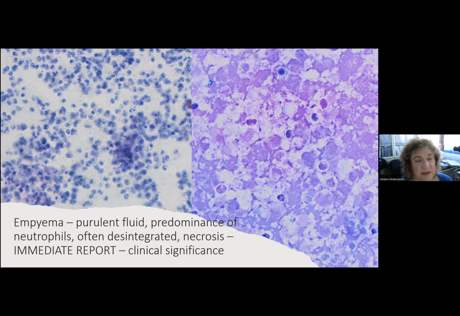You have to call your surgeon, because this has a great clinical significance, and it can be really an acute and life-threatening condition. So you have to call and report and say, okay, I have pus in the abdomen, so this is an emergency situation.